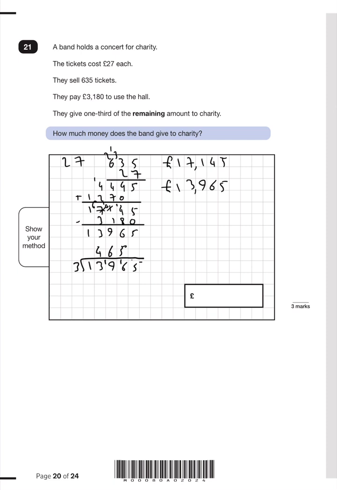Again, there's a remainder of 1. 15 divided by 3 is exactly 5. So the answer is 4,655.